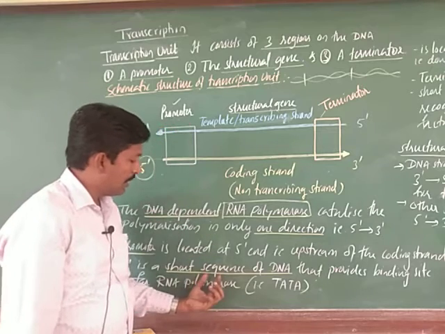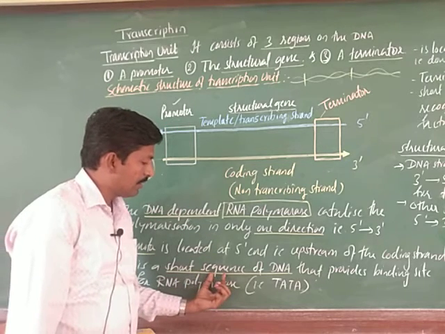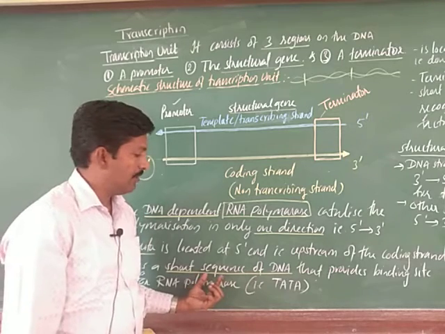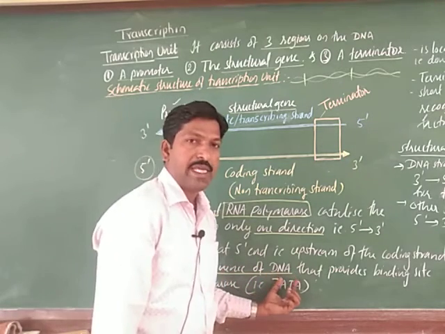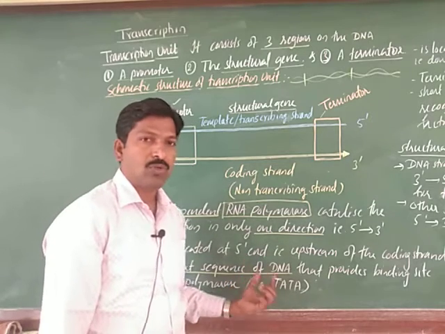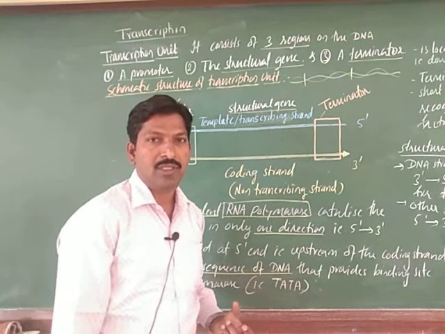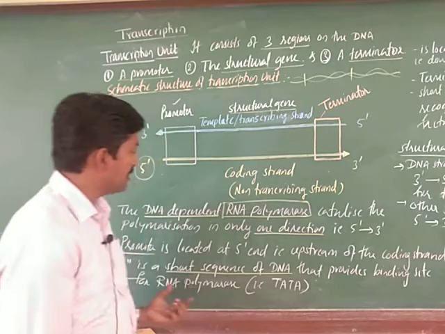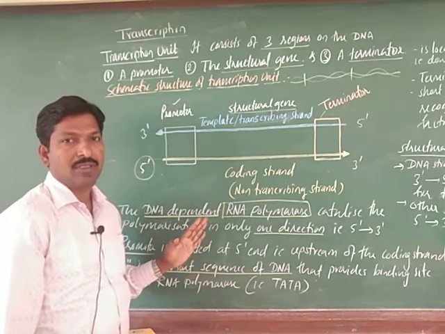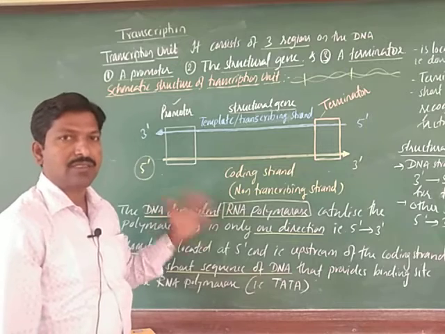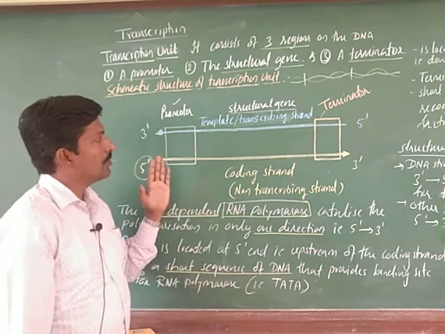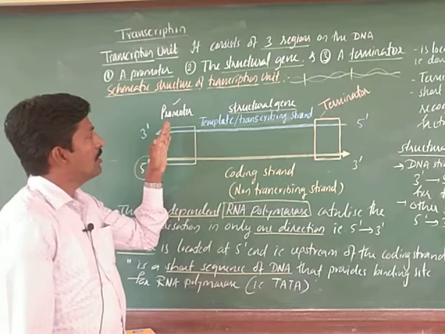A short sequence of DNA is present here, usually TATA-like sequence, hence it is also called the TATA box. The TATA box initiates the transcription like a starter. Transcription proceeds with the help of this promoter.